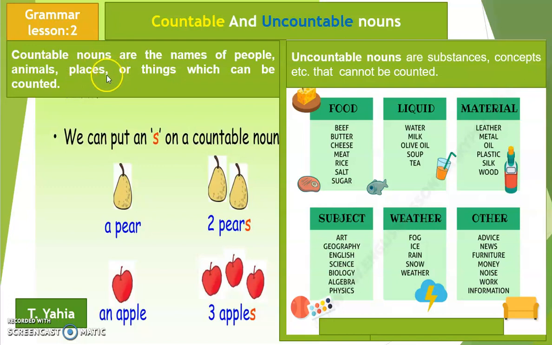So we will be able to count, to figure out by number. So uncountable nouns are the substances or the concepts that cannot be counted. So uncountable nouns we can't count like numbers. And also as concepts, we won't be able to count them as countable nouns.